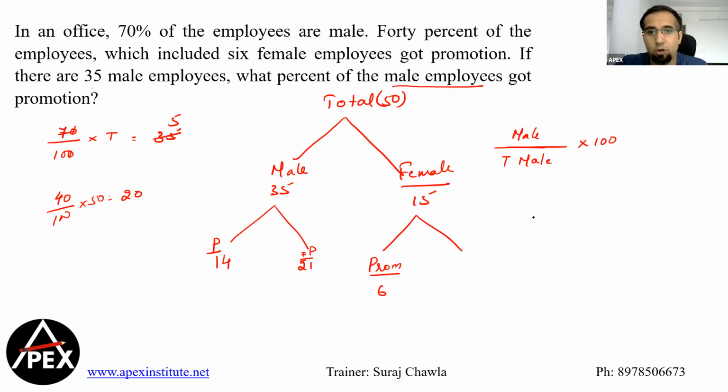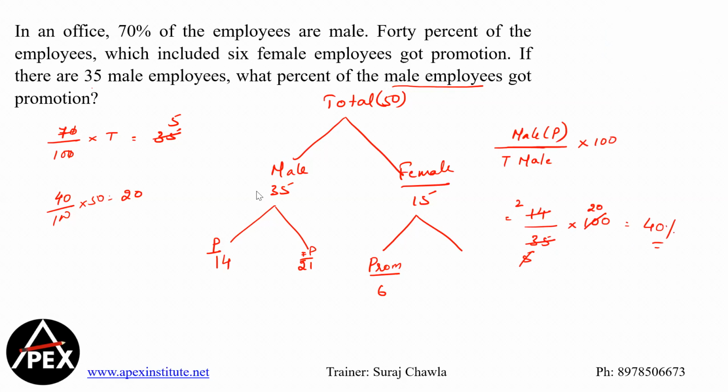So the numerator is going to be 14, denominator is going to be 35 multiplied by 100. So this is 7 2s are 14, 7 5s are 35, 5 1s are 5, 5 20s are 100. Therefore, your answer is going to be 40% of the male employees got promotion. Am I clear here, guys? Anybody was it out? Please ask.